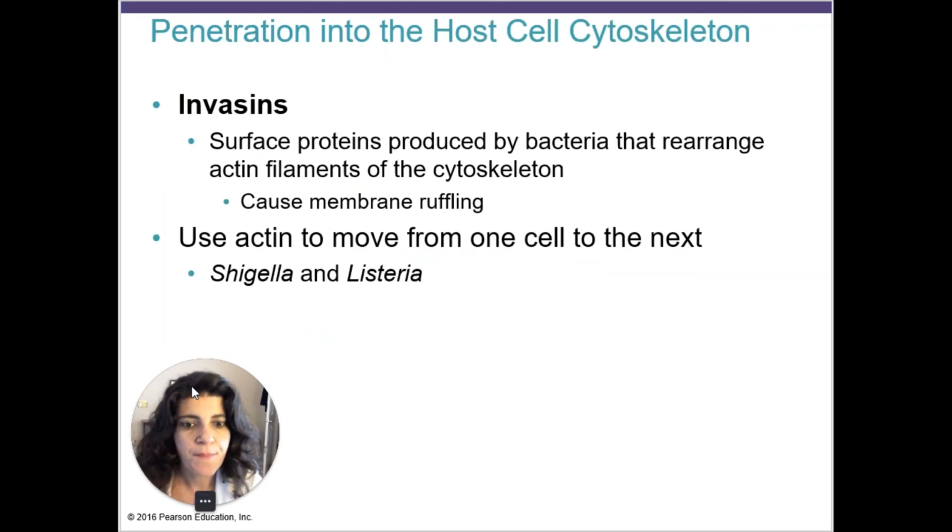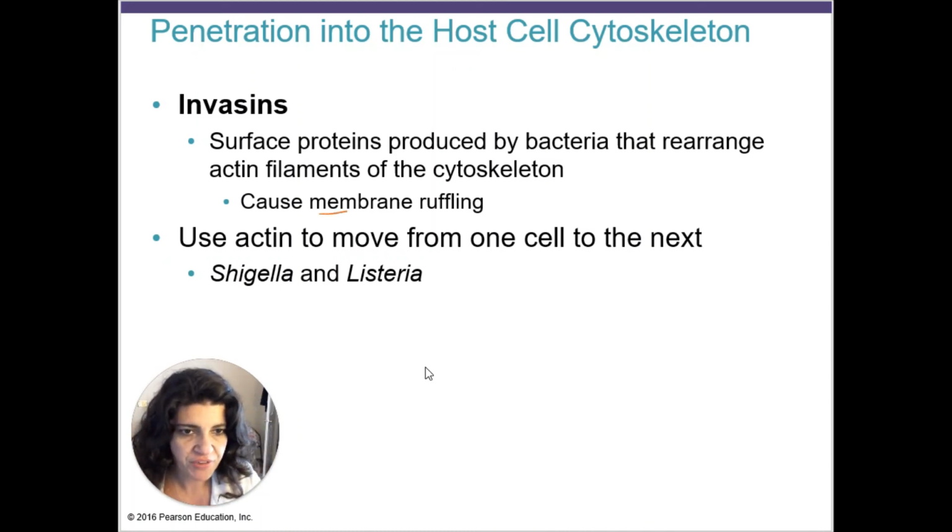Invasins are molecules that some microbes use to help them penetrate the host cells. They use the host cytoskeleton, so the membrane of the host cell makes what is called membrane ruffling.